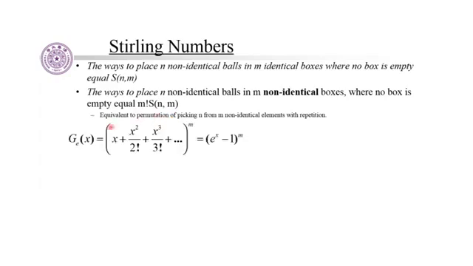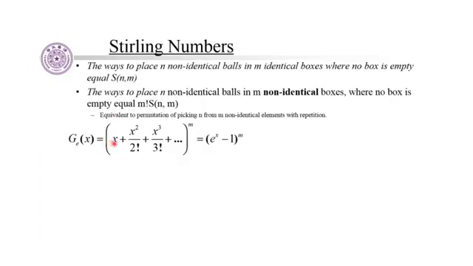For each box, currently there can be no elements, or 1, or 2, or 3, or 4 elements, but there is a requirement that no empty boxes are allowed. Therefore, in our exponential generating function, x to the power of 0 is not allowed to appear.